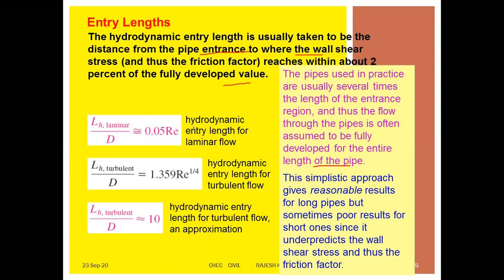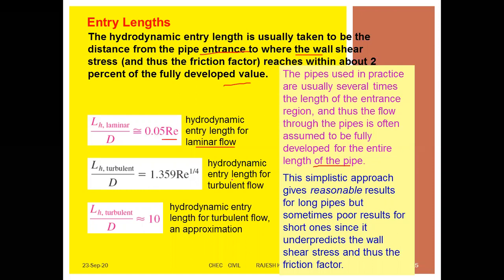The hydrodynamic entry length for laminar flow, LH laminar divided by D, is 0.05 Reynolds number, right?